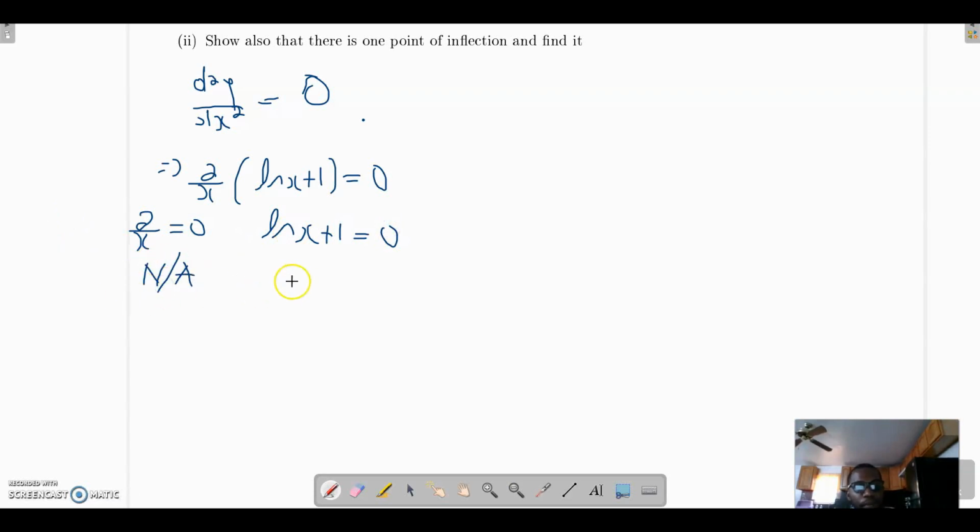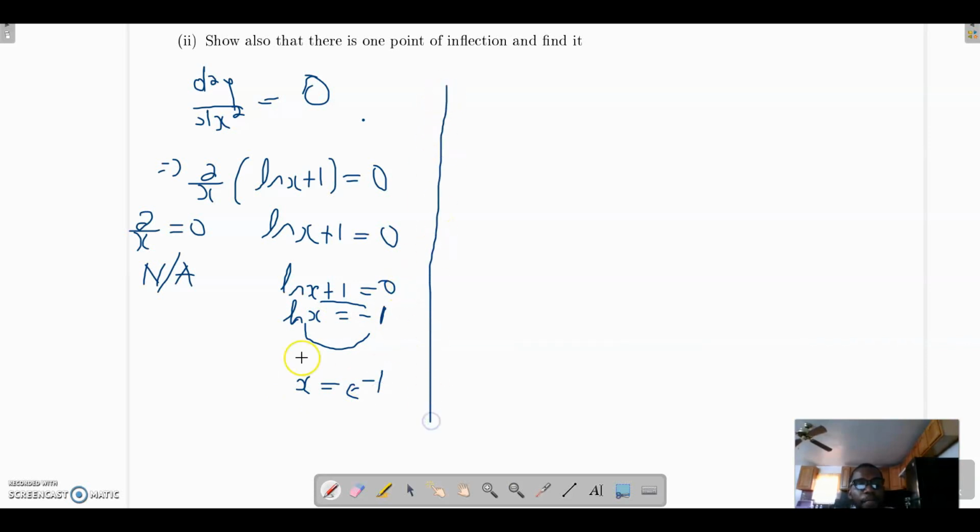All right? This is going to give me ln x plus 1 equals 0. ln x is equal to negative 1. And of course, if ln x is equal to negative 1, we can change this to the exponential form, which is the base, which is e raised to negative 1 is equal to x. So x is equal to e raised to the minus 1. Alright?